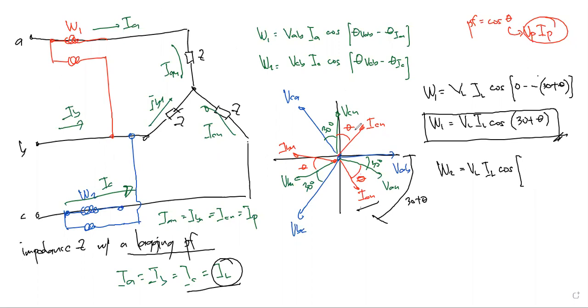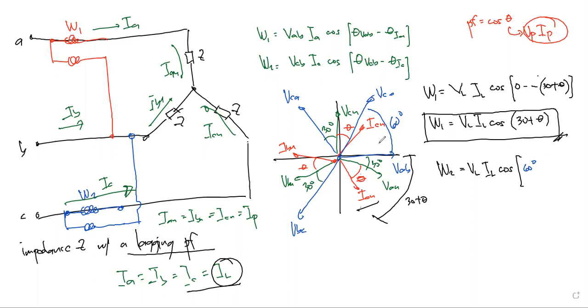This is VCB, and the angle here is 60. Take note, the angle between VCN and ICN is theta. VCB is actually 60 degrees, and then ICN on the other hand, the angle for ICN is this one.